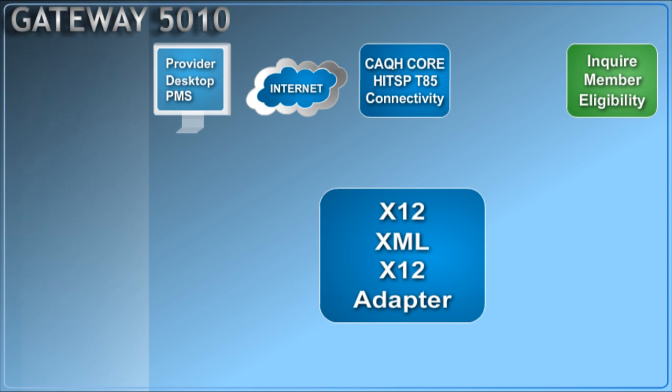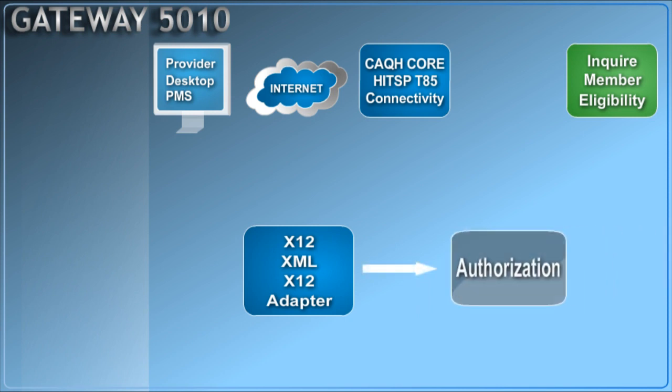The adapter can then call the authorization service to determine if this user can inquire on this particular member. If the authorization determines that the operation is allowed, the process continues. And if it is not allowed, then the request is rejected.